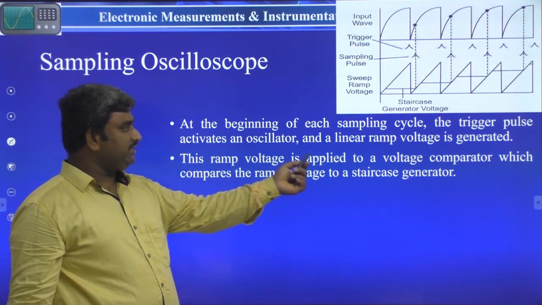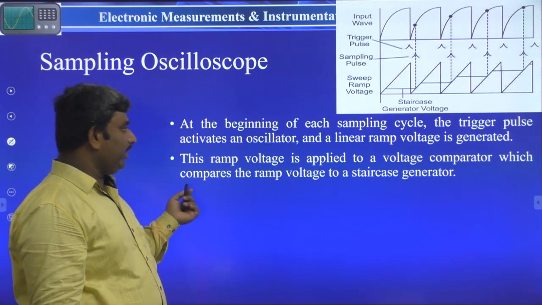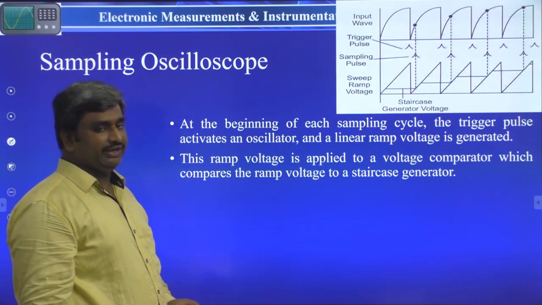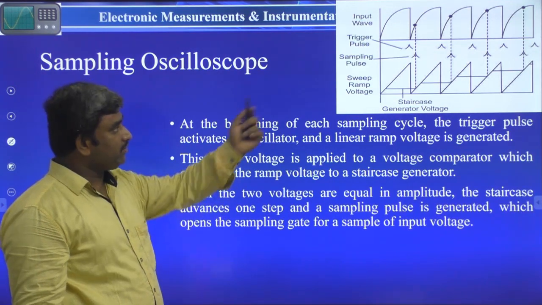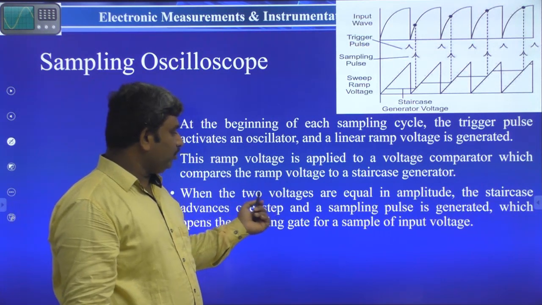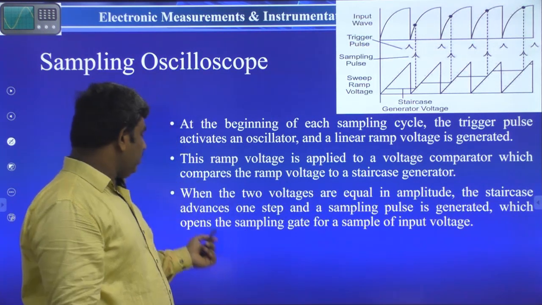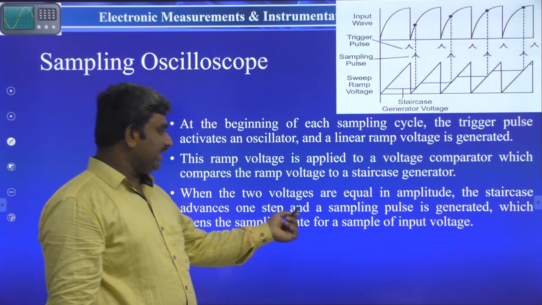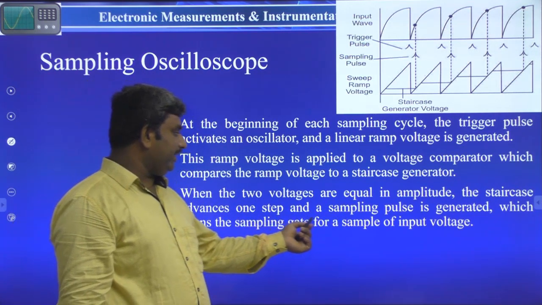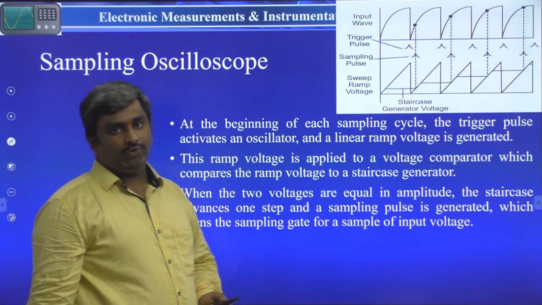This ramp voltage is applied to a voltage comparator which compares the ramp voltage to a staircase generator. That is the major purpose of that ramp generator. When the two voltages are equal in amplitude, the staircase advances one step and the sampling pulse is generated, which opens the sampling gate for a sample of the input voltage.